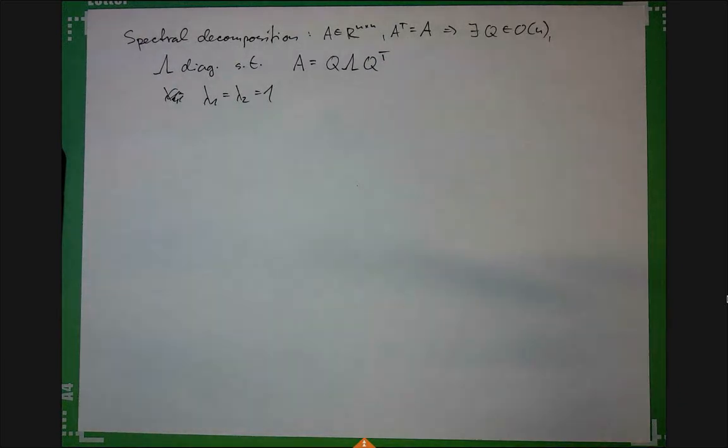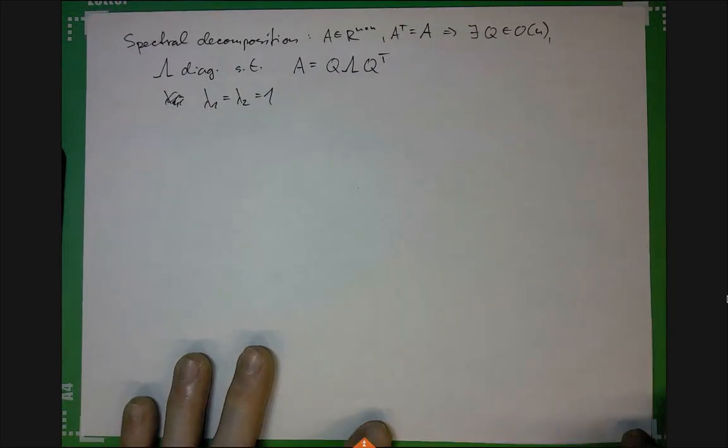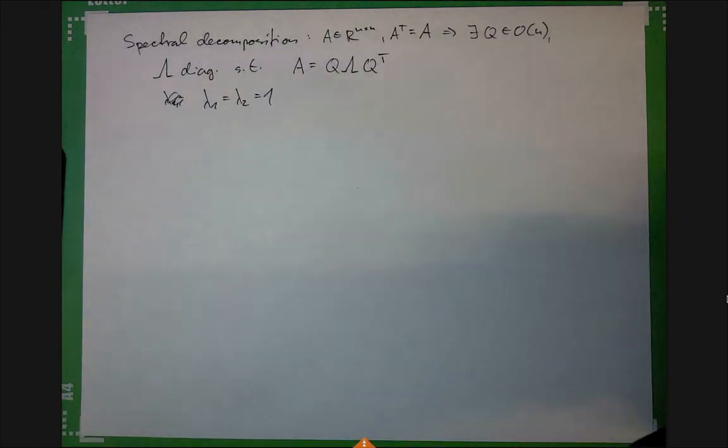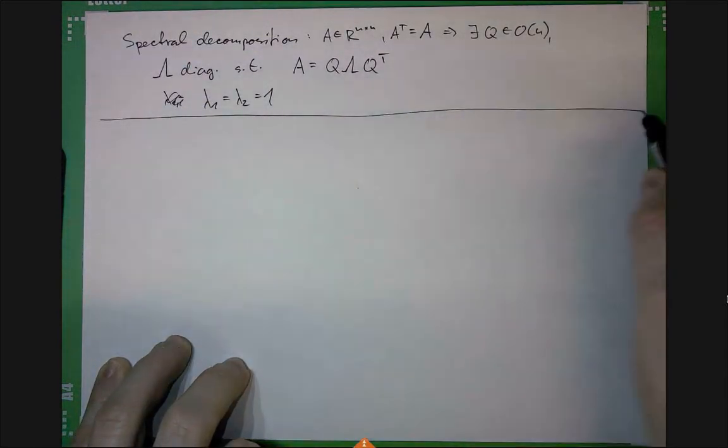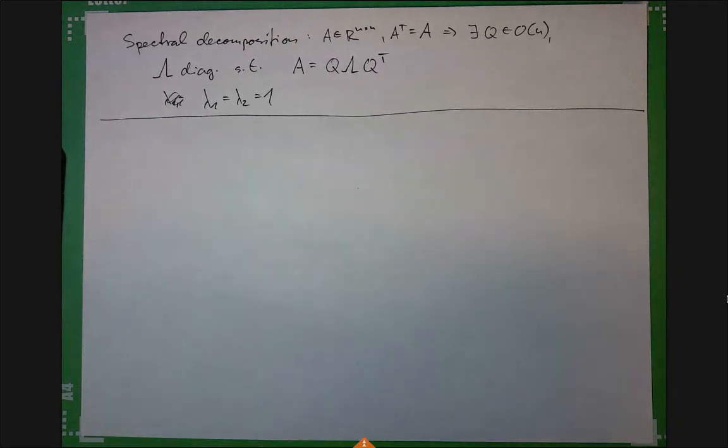In other words, I could pick an eigenvector basis which would not be orthogonal, but I can also pick one that is orthogonal. Okay, so this is the spectral decomposition theorem for symmetric matrices, and we will look at some applications.